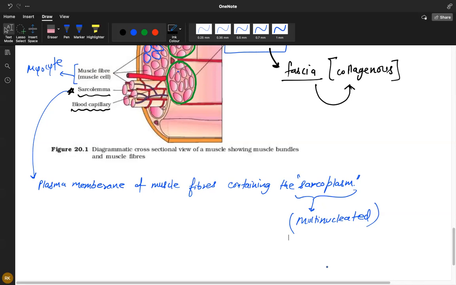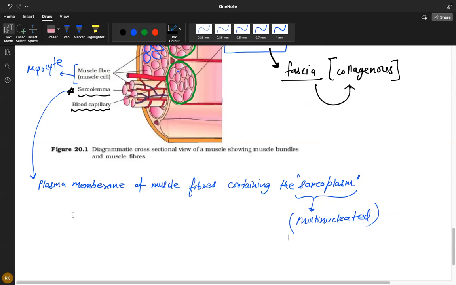What does this mean? It means it has multiple nuclei in it, which makes muscle fiber a syncytium. As I told you, muscle fibers don't have one single nucleus per cell because they are long fibers, so it is difficult to define where one cell ends and the other starts.